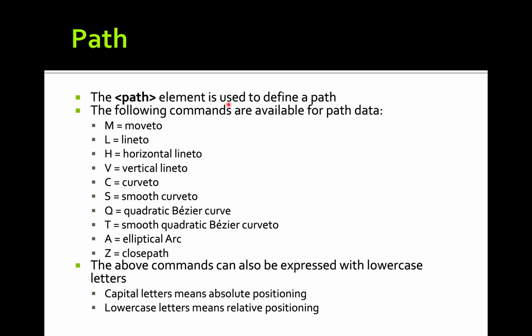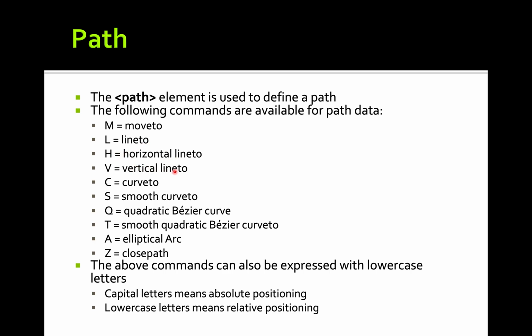The path element is used to define a path, and the following commands are available for the path data. For example, we have a different set of instructions that we can give. Move to means we are asking to go to a specific point. Line to, we are trying to draw a line to a specific point.